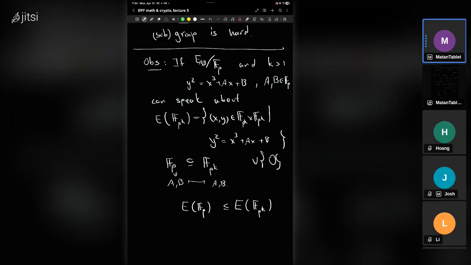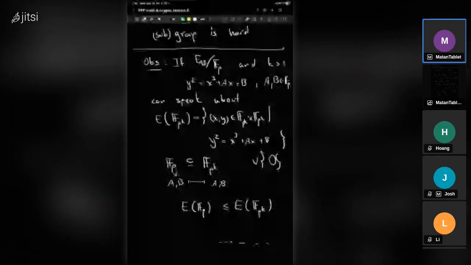But the group itself, you have many groups. You have an infinite ladder of groups, when you take extensions of the field. And each of them is a useful group in its own right. And they are subgroups of each other. And so one elliptic curve defines many groups.